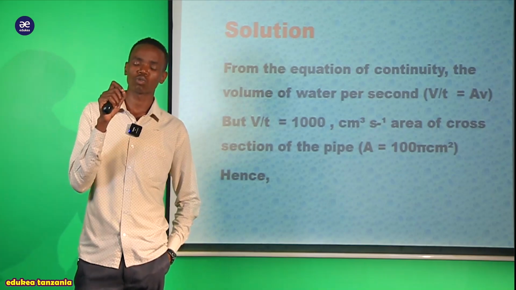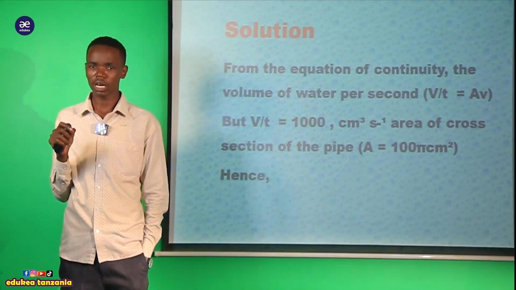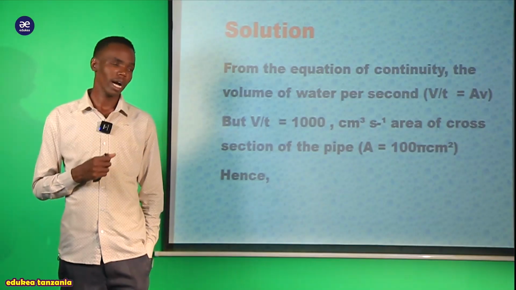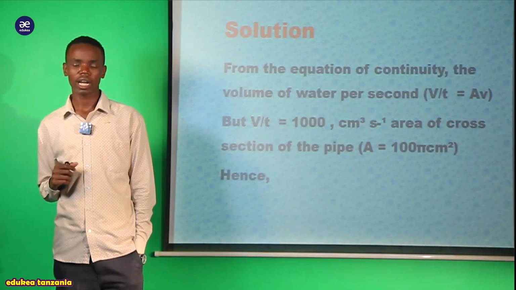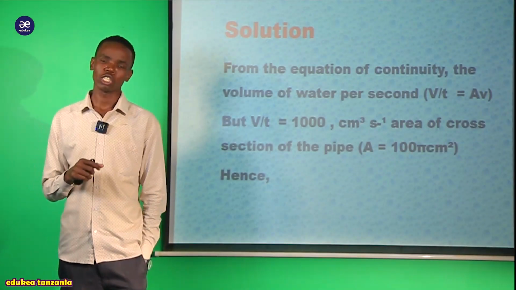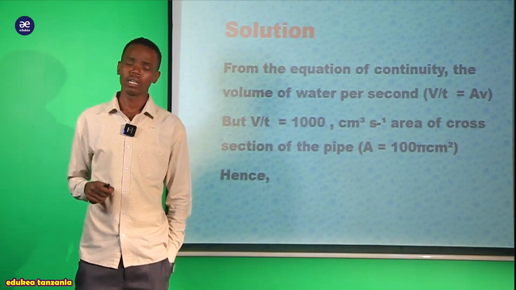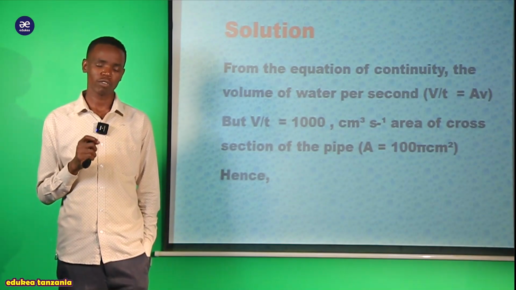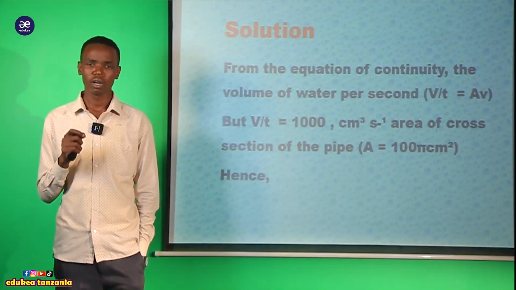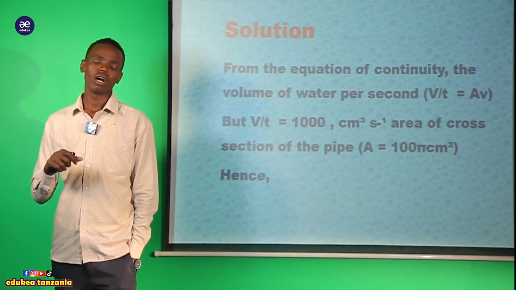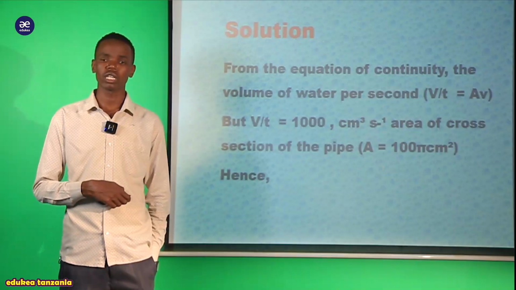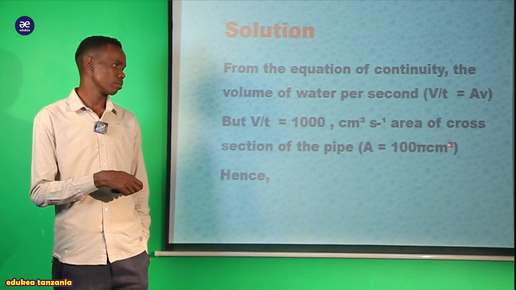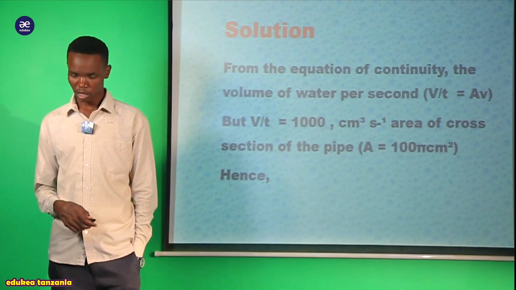So the cross-section area must be equal to pi r square, where r, we have been given, my dear student, is equal to 10 centimeter. Now if we substitute into our formula for the cross-section area, pi r square, we obtain that the cross-section area must be equal to 100 pi centimeter square, as we try to see here.